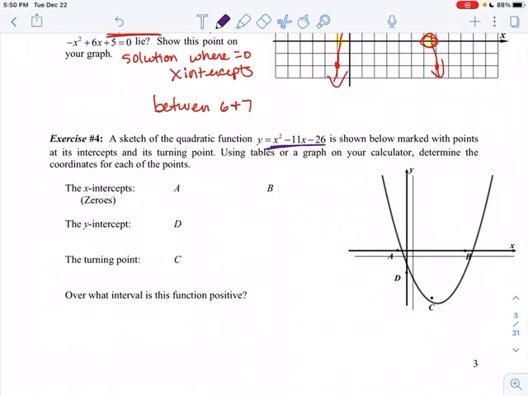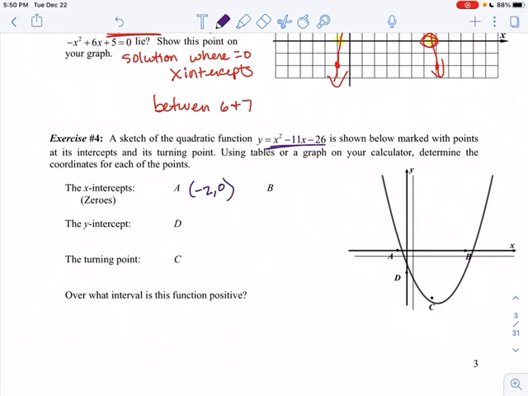And you're looking for the x-intercepts. My x-intercepts are my zeros. So my x-intercepts are going to be at -2, 0. So if you look at your table, on the table I have -2, 0. That's one x-intercept.